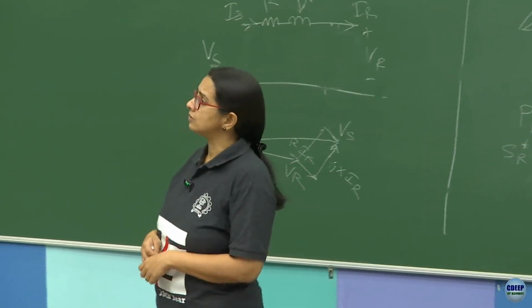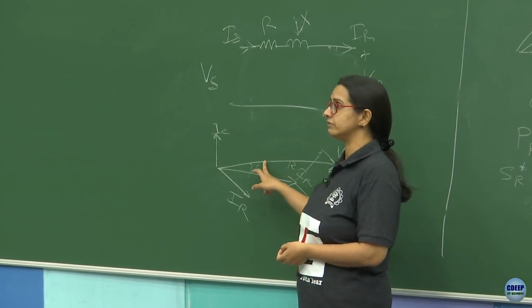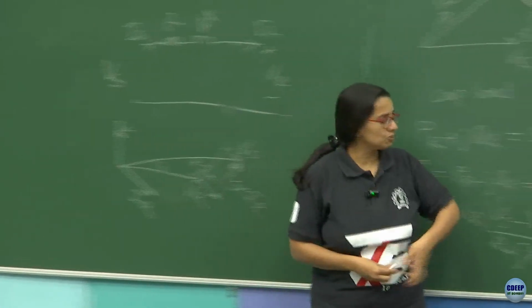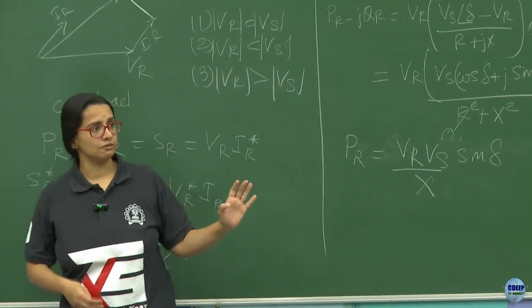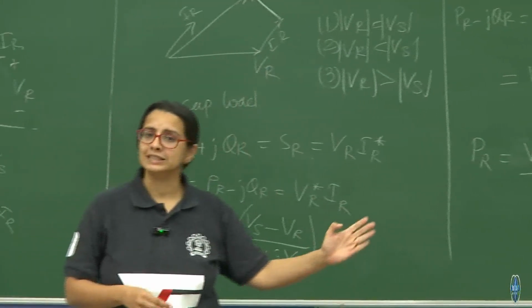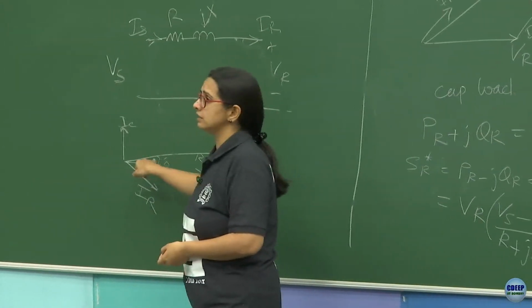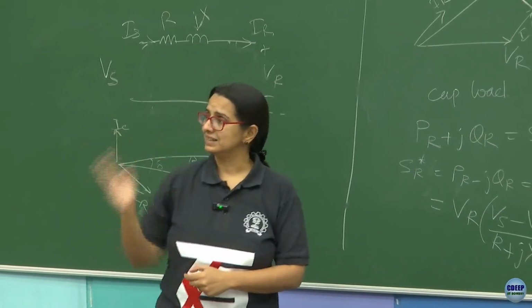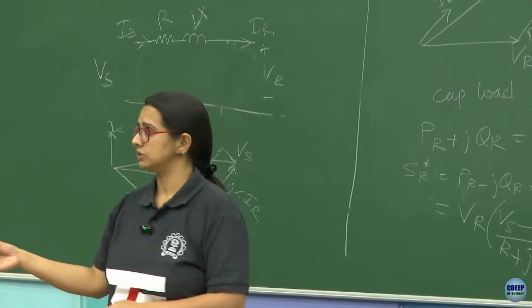So if you were not having any delta between VR and VS, that means you can't push any active power. Your active power flow from the sending end to the receiving end is pretty much governed by the phase difference between your sending end voltage and your receiving end voltage.